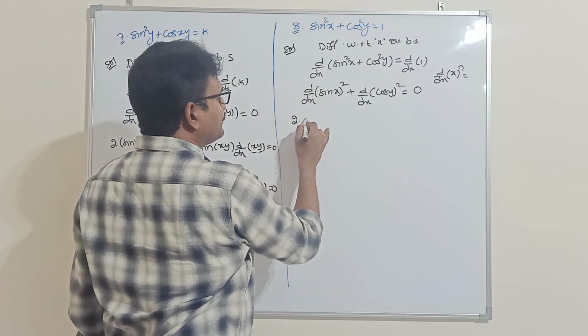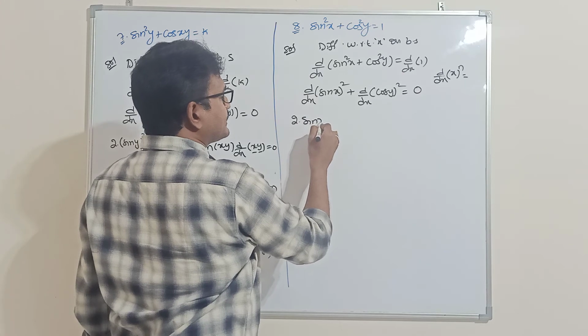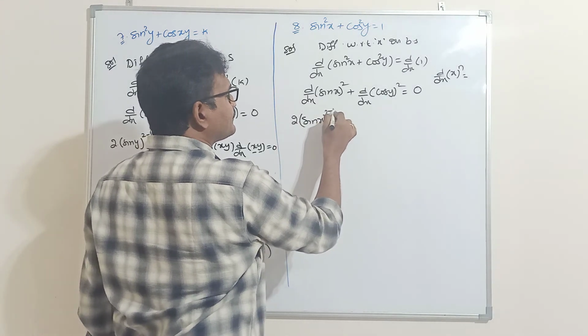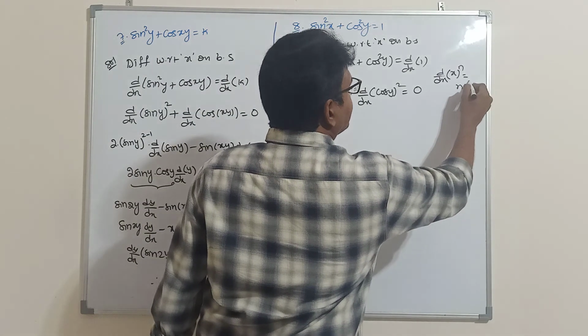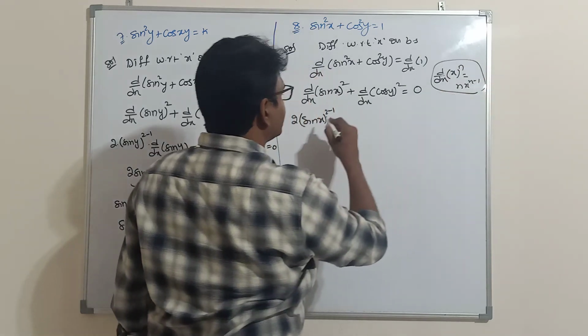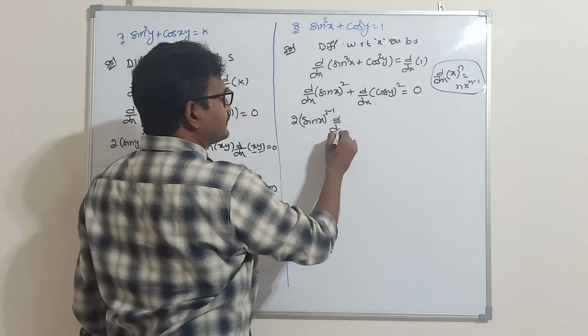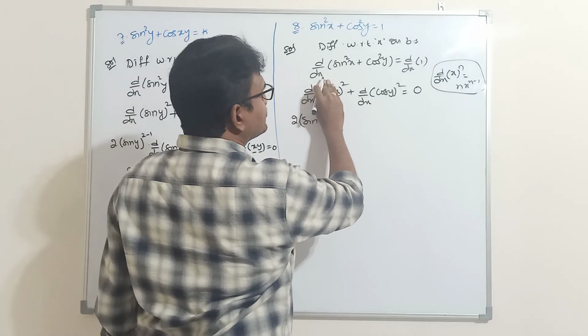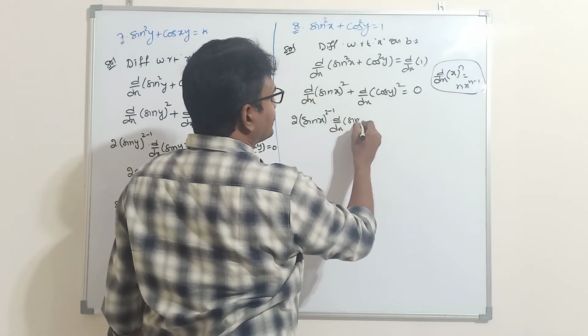Then what will we get? 2 into sin x whole power 2 minus 1, n into x power n minus 1. Apply this formula into d by dx of which part you assumed as x? This part. So find the derivative of that part.